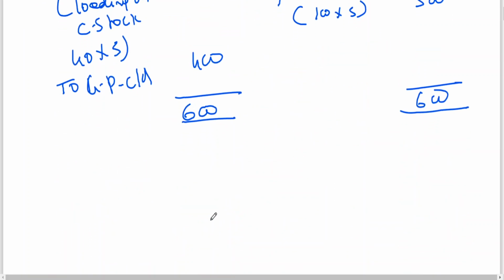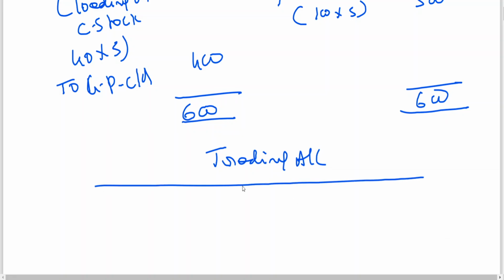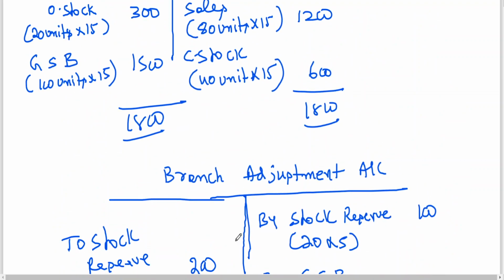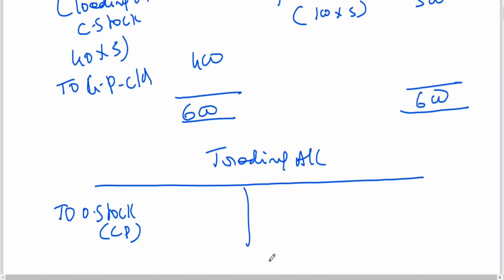Okay, if you do the same problem by the final accounts method, trading account: opening stock at cost price, tell me how many units? 20 units into 10, 200.